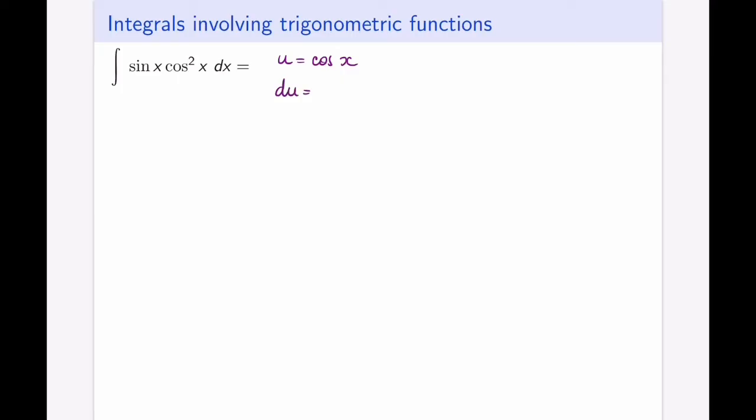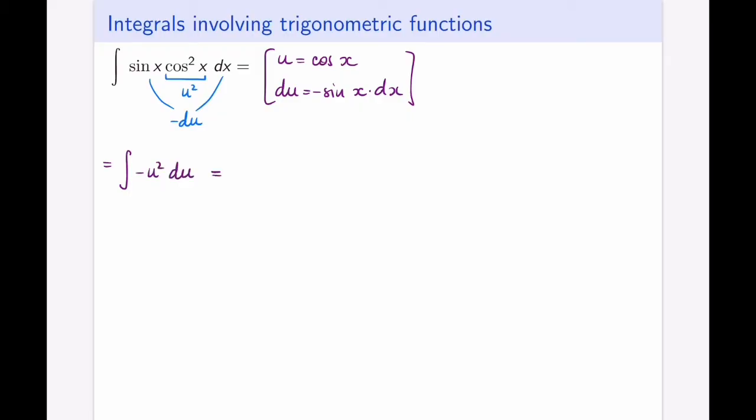So the derivative of cosine x is minus sine x dx, and therefore what do we get altogether? This will give me u squared, and sine x dx will give me minus du. Be careful about your signs here. So my integral in the next step, rewritten fully in terms of u, will be minus u squared du.